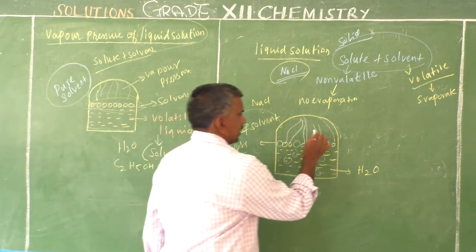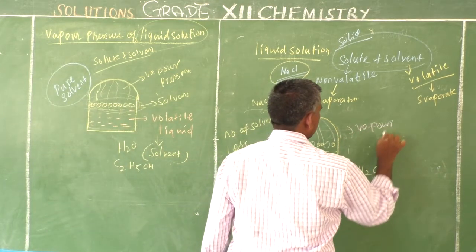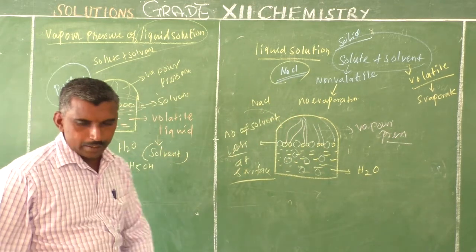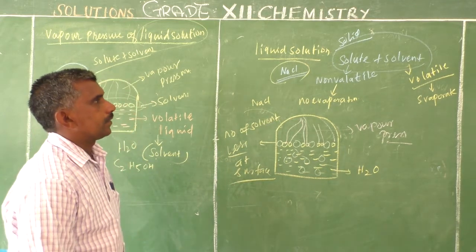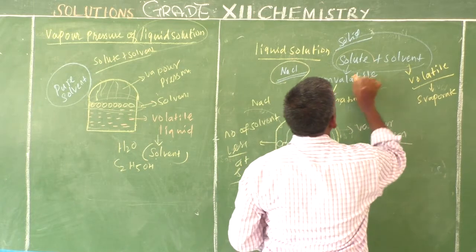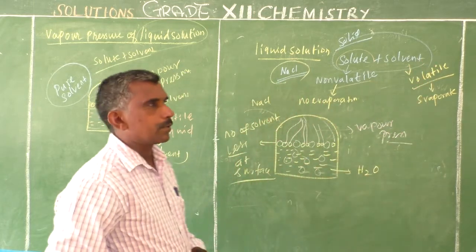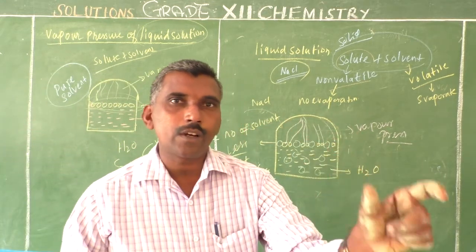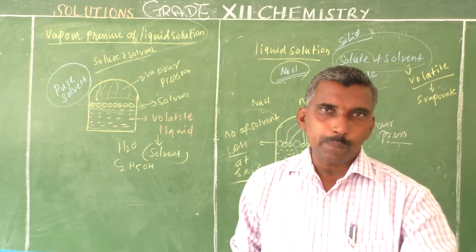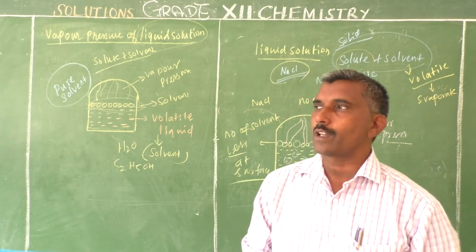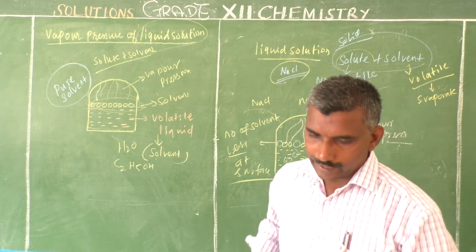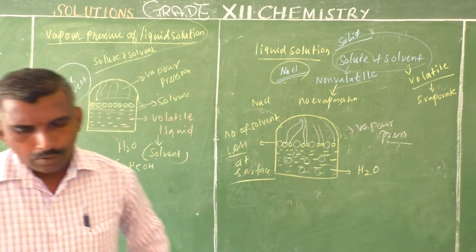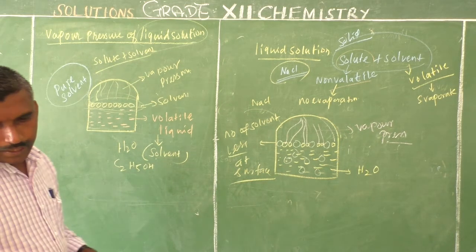So the vapor pressure is decreasing. The vapor pressure of the solution containing a non-volatile solute is lower than the vapor pressure of the pure solvent.